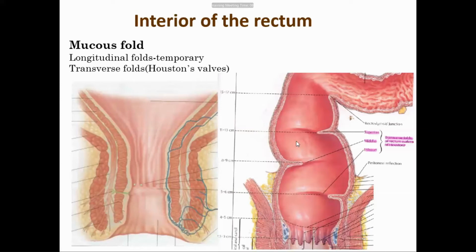The upper chamber is a reservoir for the fecal contents without the reflex act of defecation, whereas when the fecal contents come into the lower chamber, defecation spontaneously starts.